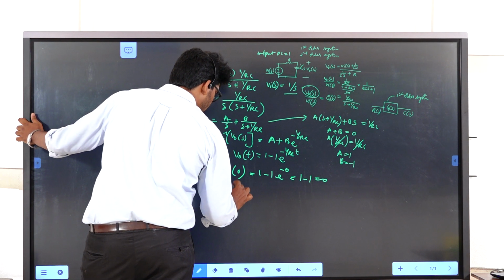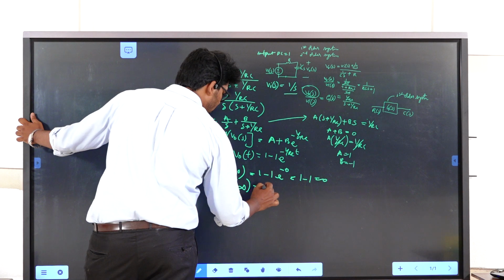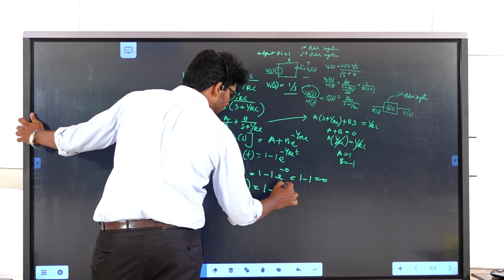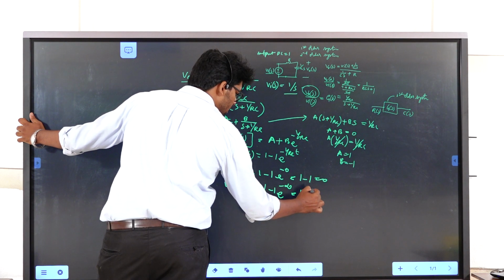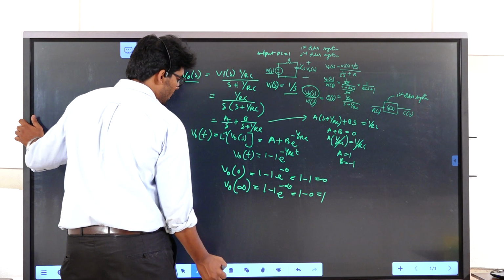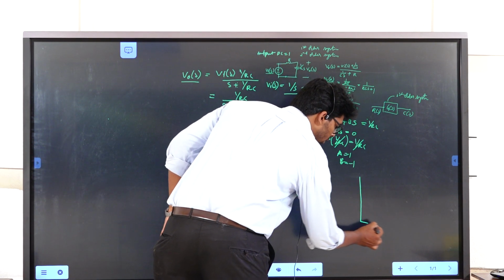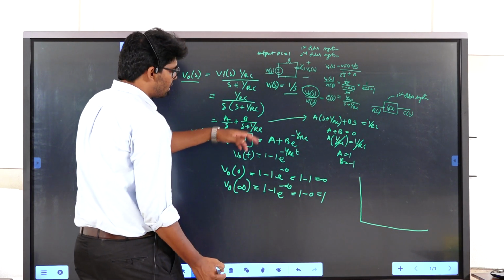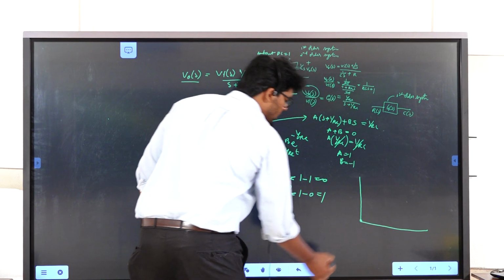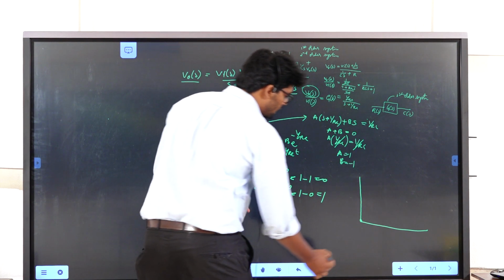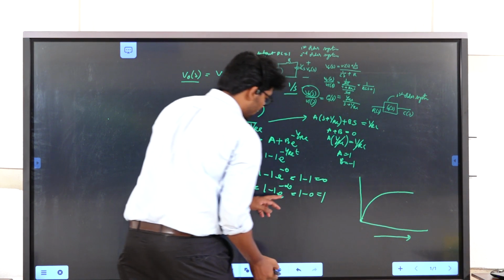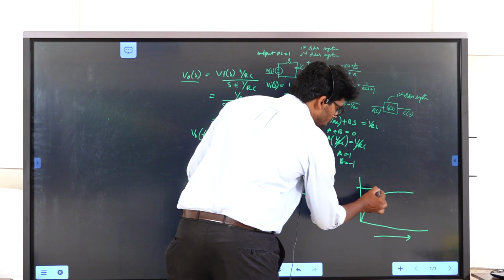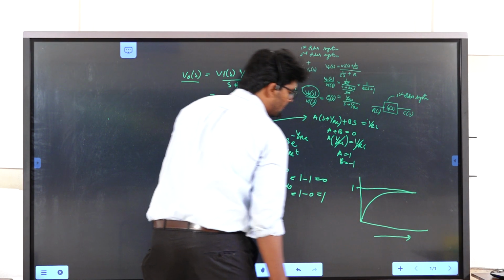If t goes to infinity, then 1 minus 1 into e power minus infinity, and e power minus infinity is 0, so 1 minus 0 you will get 1. That means at time t equal to 0, the response across the capacitor is 0, and at infinite time the response increases and reaches a value of 1.